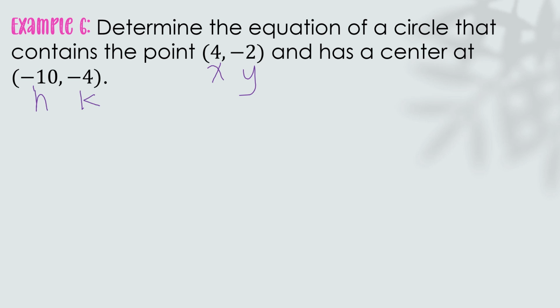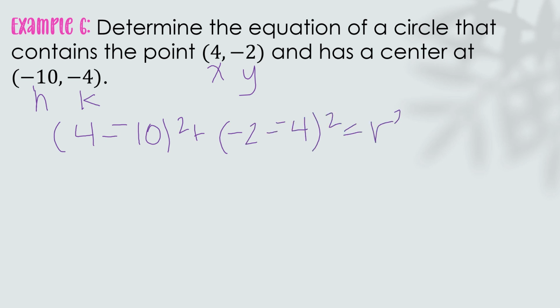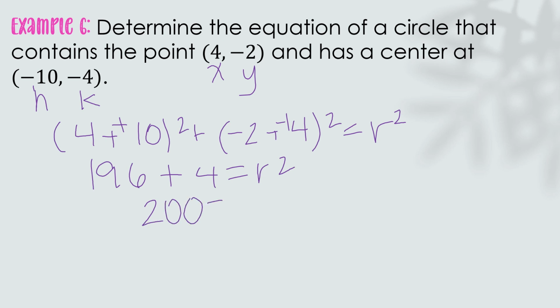So I'm going to plug 4 in for x, -2 in for y, -10 in for h, and -4 in for k, and solve for r. We're going to do (4 minus -10) squared plus (-2 minus -4) squared equals r squared. 4 minus -10 is 14, and 14 squared is 196. -2 minus -4 becomes 2, squared, which is 4. That gives us 200, which is r squared.